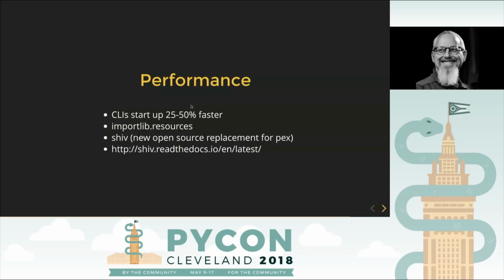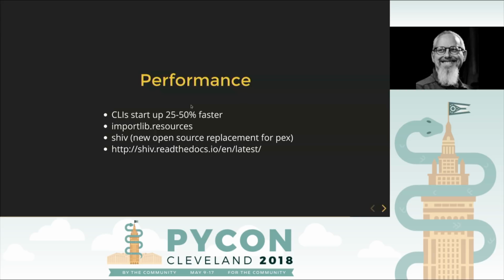We also use PEX, which is a zip file, a single file executable format. PEX has been around for a long time, but because of that, it uses package resources, and it also doesn't set up sys.path in the most optimal way. So Lauren Cavallo, one of our awesome devs at LinkedIn, wrote this thing called Shiv, which is a modern replacement for PEX, and it uses importlib resources.